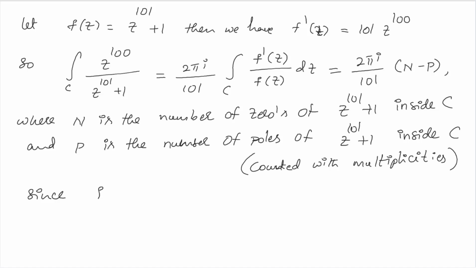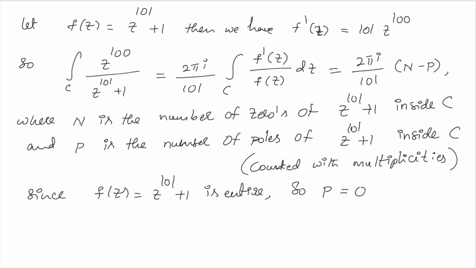So we have the value p as 0, since there are no poles in the whole of the complex plane, and in particular there are no poles inside C. So the value of p is 0.